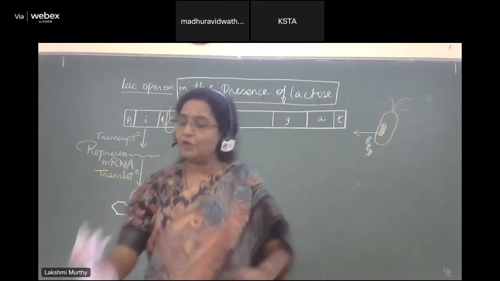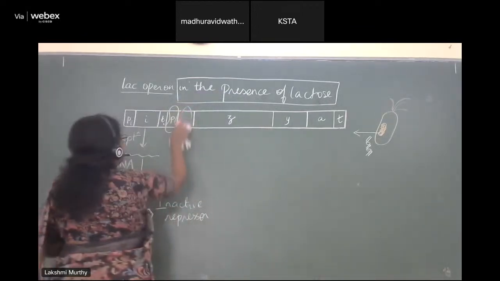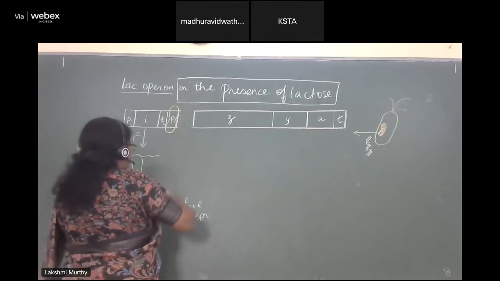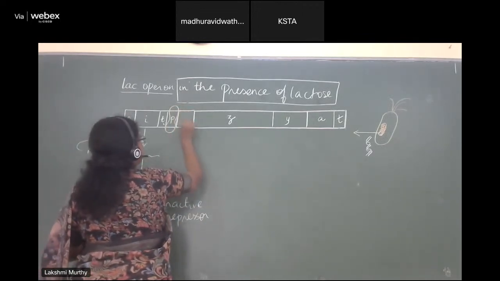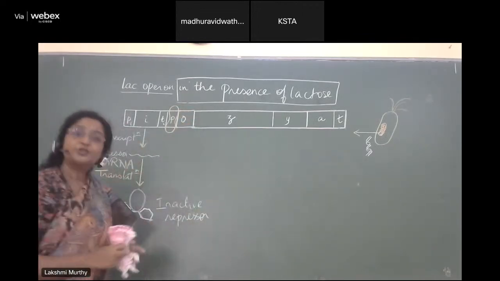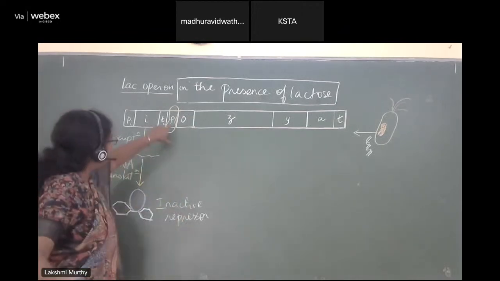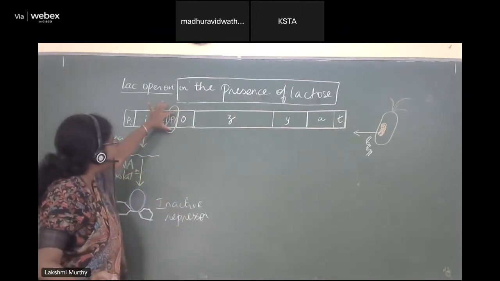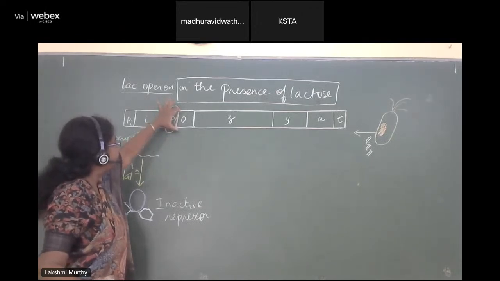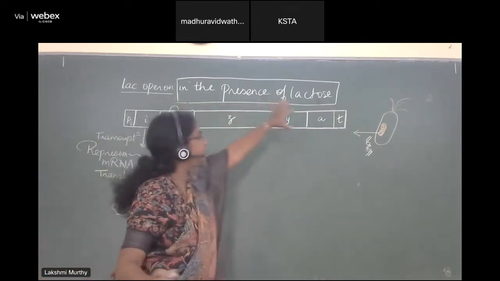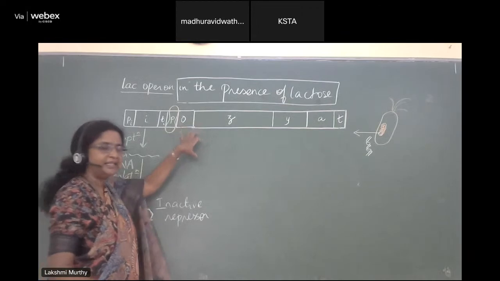operator region. So what happens is the operator region is now free. Entire operator region is now free. So what happens? RNA polymerase immediately binds to the promoter region, uncoils the DNA, and you will produce an mRNA.